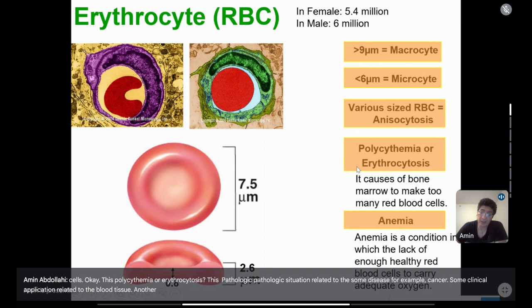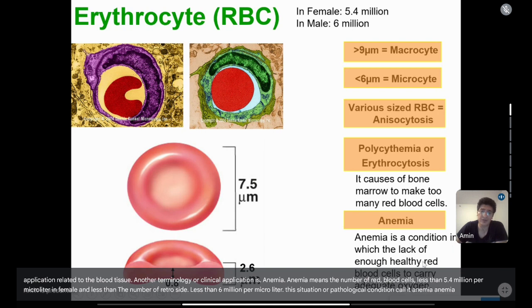Another terminology or clinical application is anemia. Anemia means the number of red blood cells is less than 5.4 million per microliter in females and less than 6 million per microliter in males. This pathological condition is called anemia.